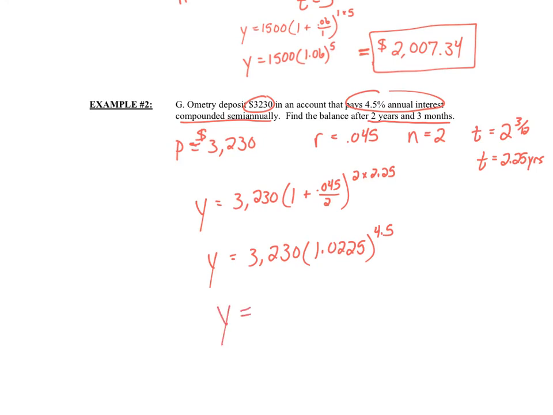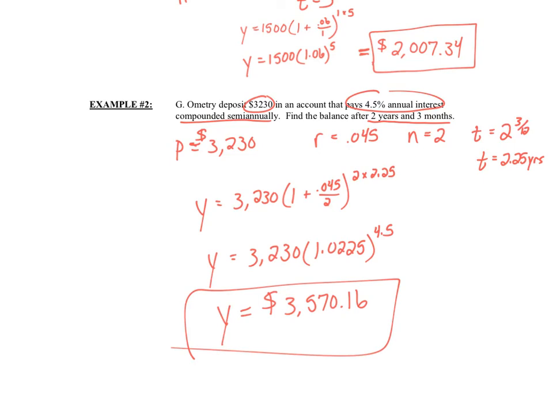So when you type in your calculator, you're going to get 3,570 and 16 cents. So after just over 2 years, your money grew from 3,230 to 3,570. So you made over $300 in just over 2 years.